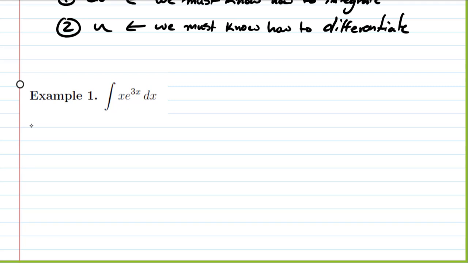So we are going to pick, and I always like to organize these things as a table, I'm going to pick u is equal to x, because I know how to take the derivative of x, and I'm going to pick dv to be e to the 3x.